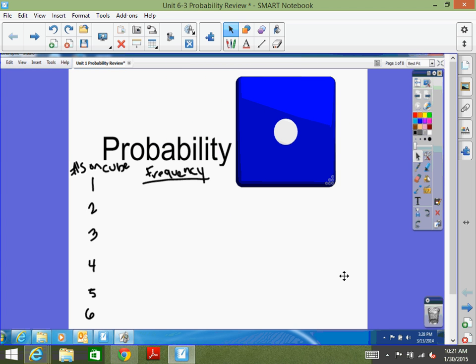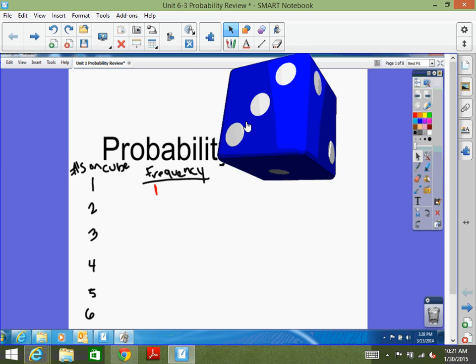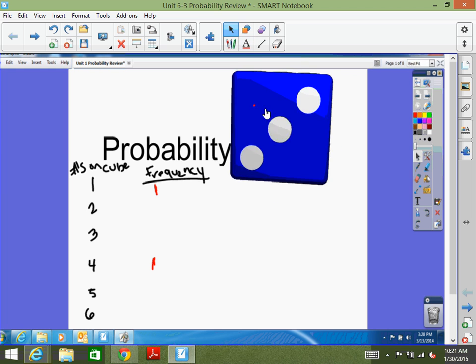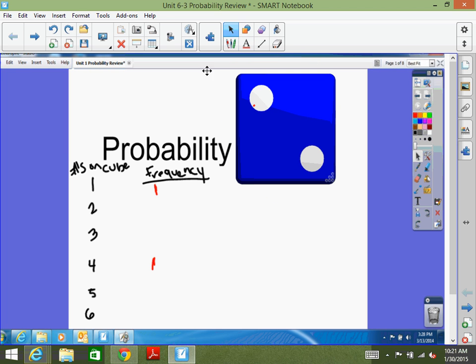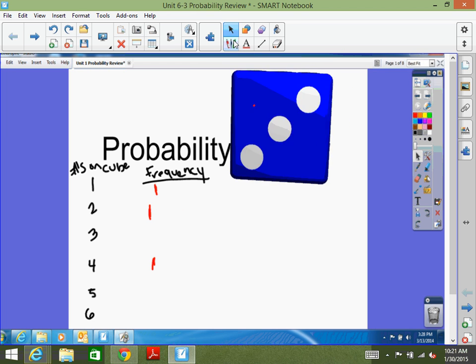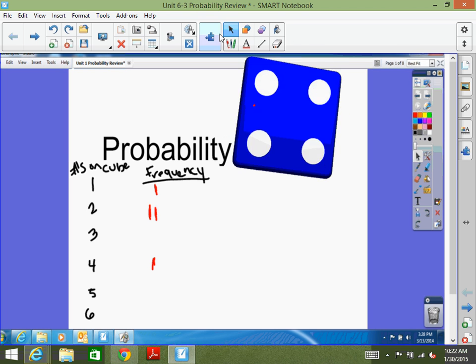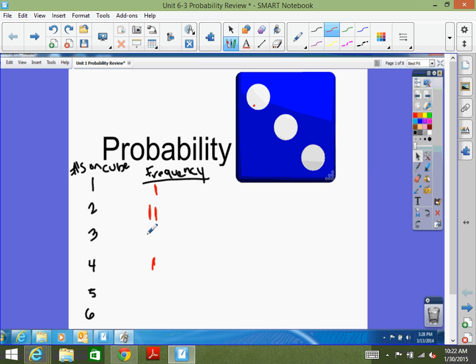Right, here we go. What did I get the first time? A 1. So my frequency is a 1 at that one time. Okay, next roll. What did I get? 4. Next. 2. Okay, next roll. 2 again. Next roll. 3. Next roll.